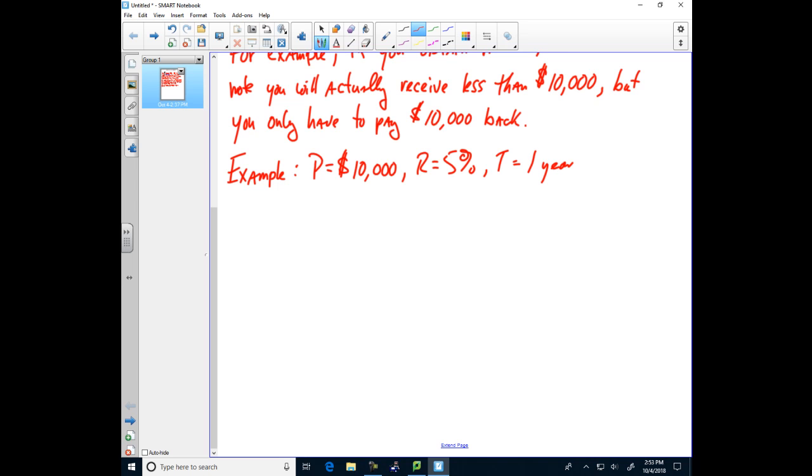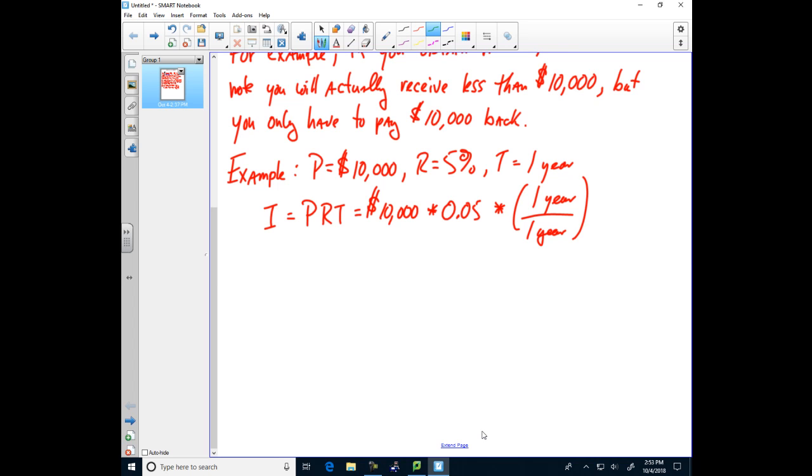Okay. So here's what you're going to do. Calculate the interest. It's still principal times rate times time. So it's $10,000 times 0.05 times the quantity 1 year over 1 year, because you remember the 5% is per year.